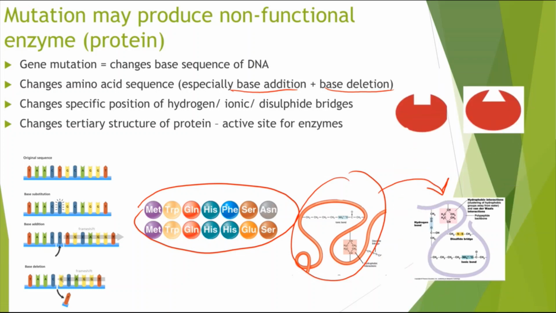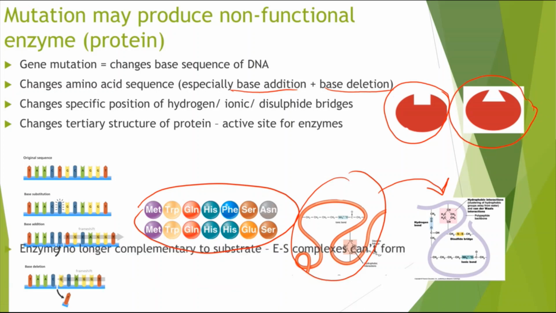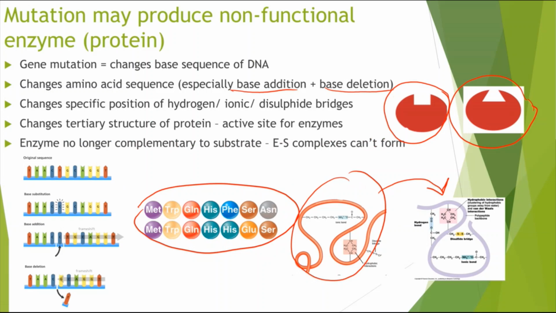So if we have these two enzymes, this is the original enzyme that we were meant to produce, but because of the change in the base sequence, we have a different amino acid leading to a different tertiary structure, so we have formed this mutated enzyme. What this means is the enzyme is no longer complementary to the substrate, so enzyme-substrate complexes can't form.